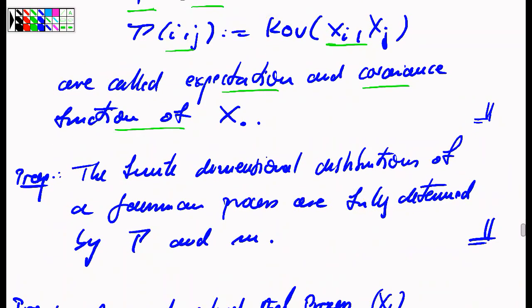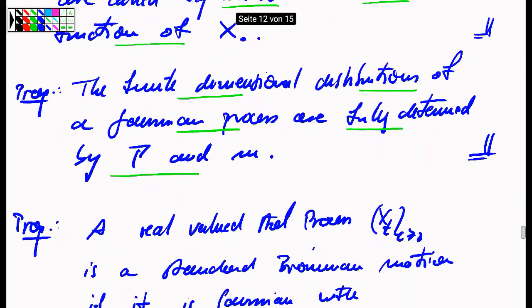In our previous considerations regarding Gaussian measures on multidimensional space, we find that the finite dimensional distributions, all these Gaussian distributions of a Gaussian process, are fully determined by the functions gamma and m.